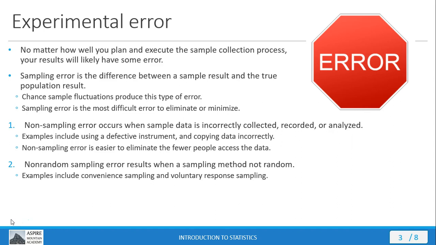Now, this type of error is the easiest to eliminate because you just design your experiment with a more effective sampling method. So these are the different types of error we see in statistical experiments. No matter what you do, you're always going to have some error, but you can improve the quality of your analysis when you work to minimize your error as much as possible.